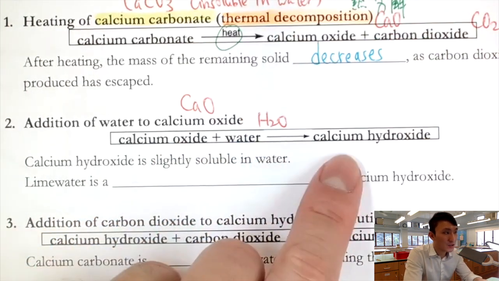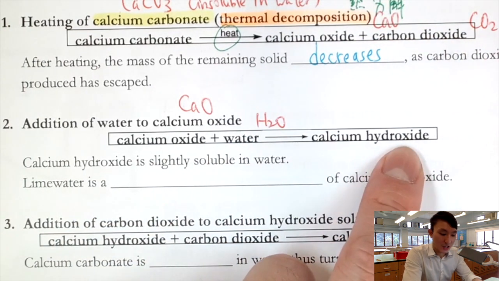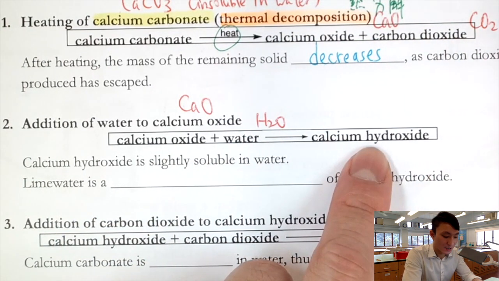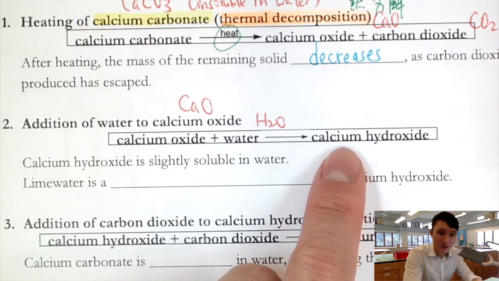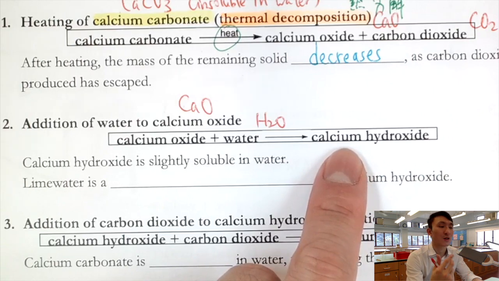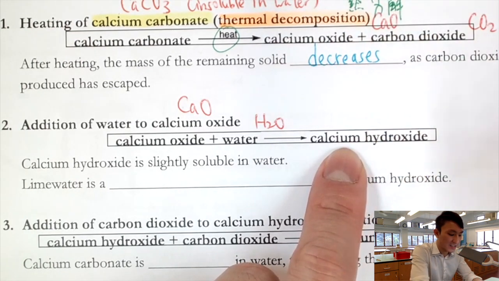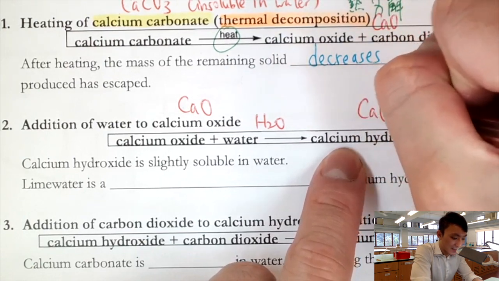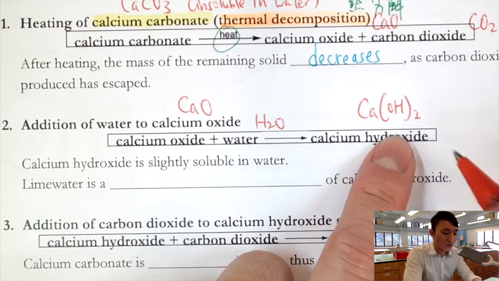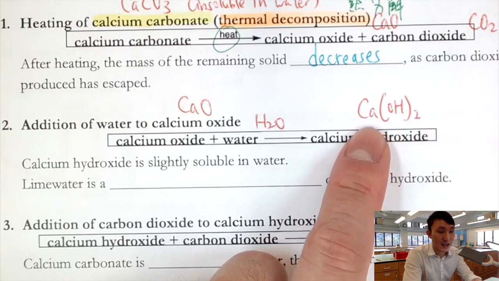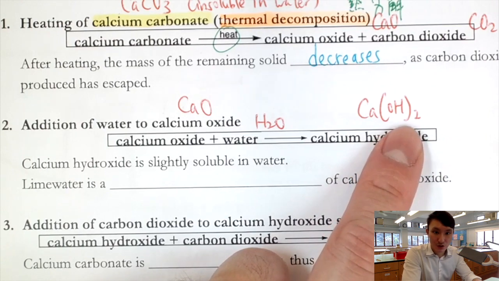Now calcium hydroxide: oxide means oxygen, hydro means hydrogen, so calcium hydroxide consists of calcium, hydrogen, and oxygen, 3 elements. The formula is a little bit complicated. It is Ca(OH)2. This means it consists of 1 calcium atom, 2 oxygen atoms, and 2 hydrogen atoms.